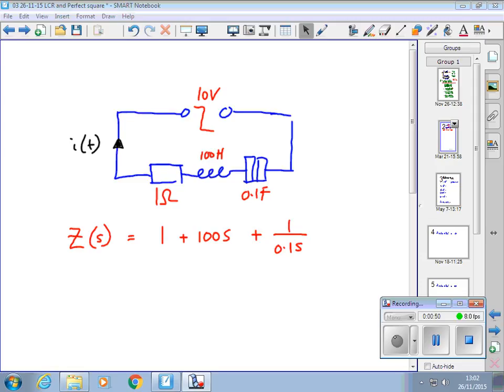Now we want to combine them into one fraction, so we look at the denominators. The denominator is 0.1S for this, so we make the denominator 0.1S for all three terms, and then you can add them.